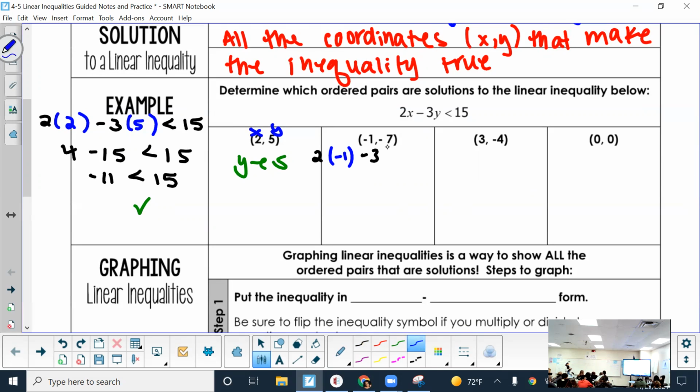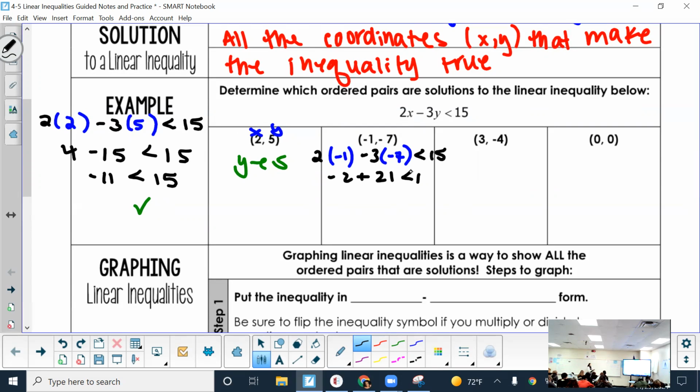Negative 7. Good. Less than 15. I write really big, so just try to keep it in this box. But what's 2 times negative 1? Negative 2. And negative 3 times negative 7? Positive 21. Good, so put plus 21 since it's positive.